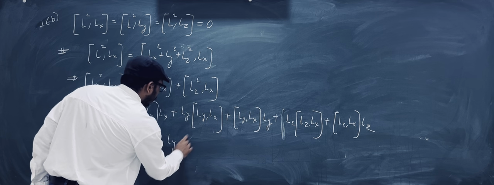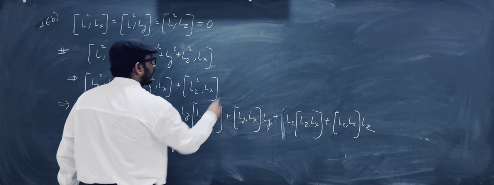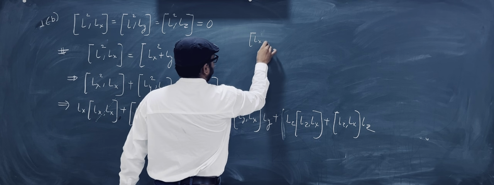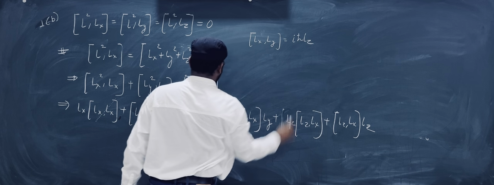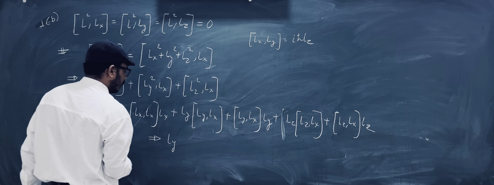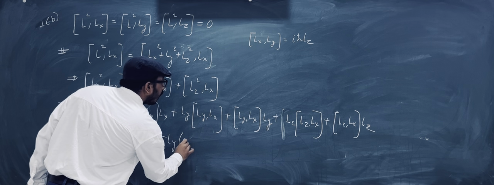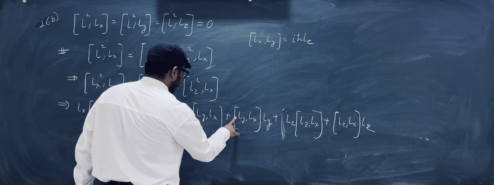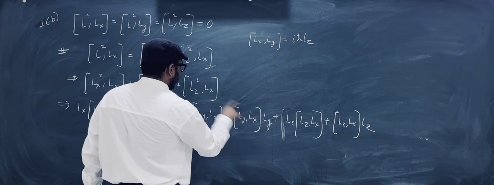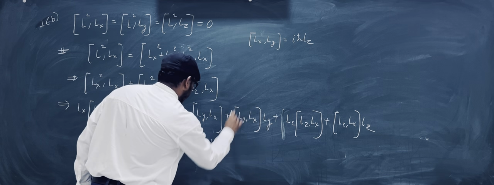So Ly, we know that this operator Lx Ly is iħ Lz. So Ly Lx is minus iħ Lz. So minus iħ Lz plus this operator will be again iħ Lz.